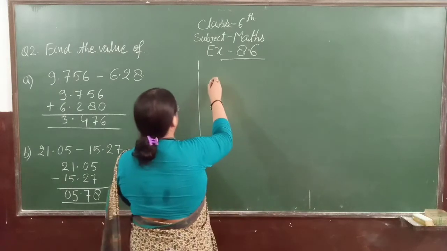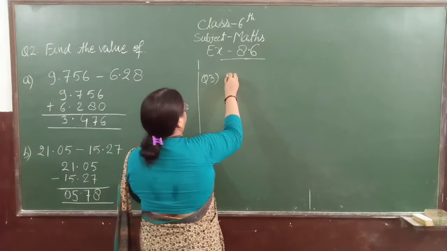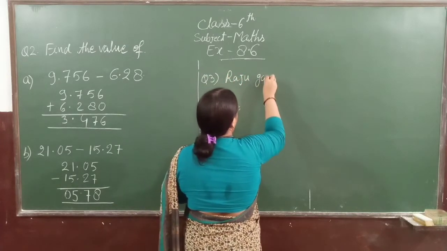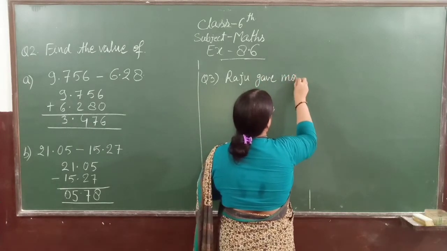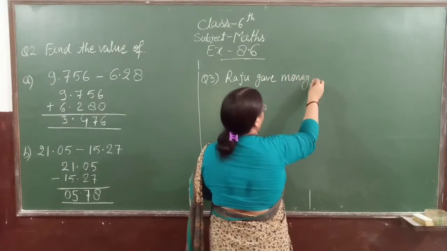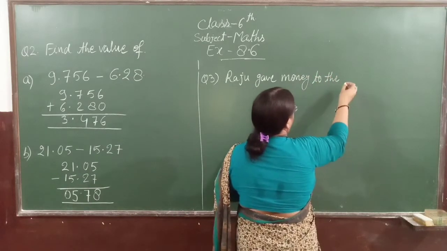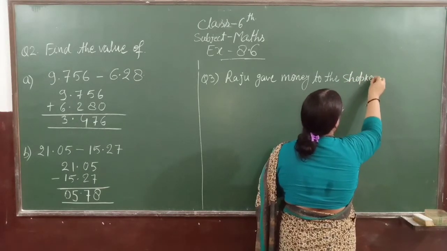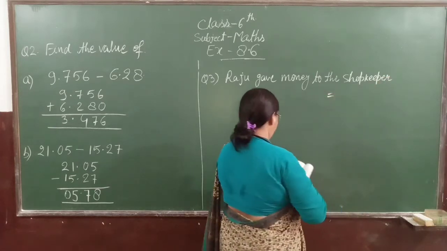Raju gave money to the shopkeeper. It equals how much?